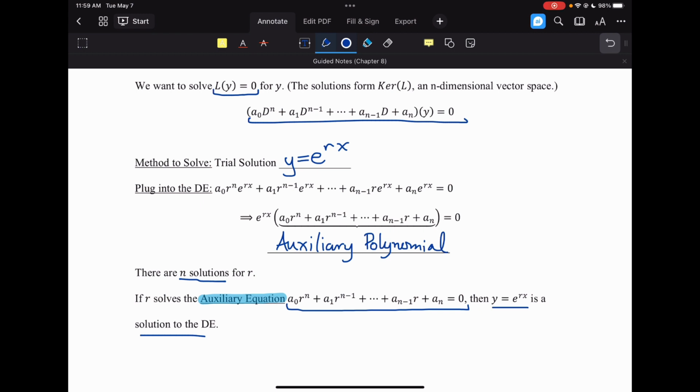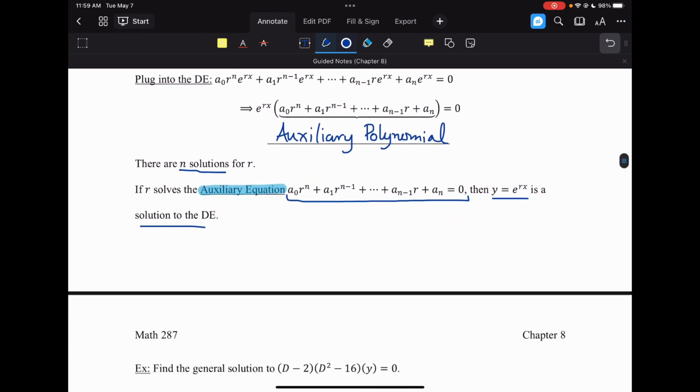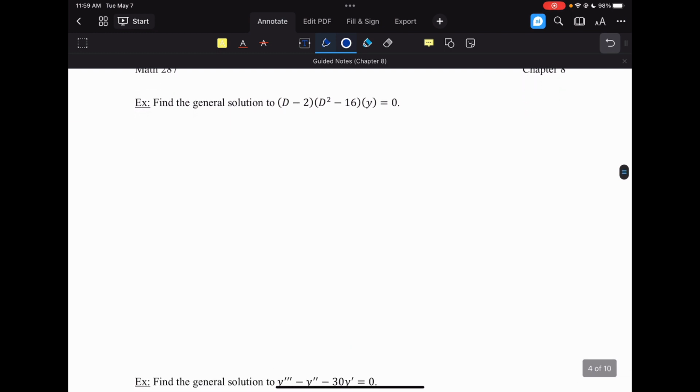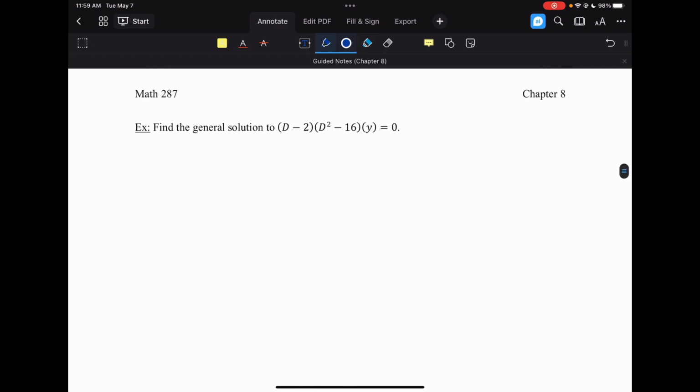So let's take a look at an example. Find the general solution to D minus 2 times D squared minus 16, all of y equals 0.